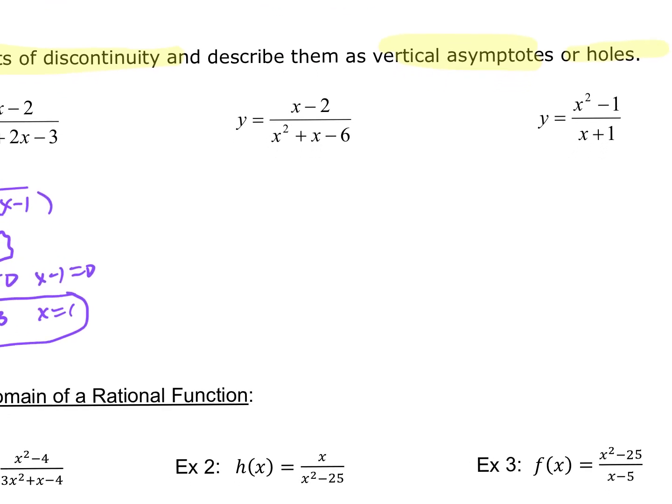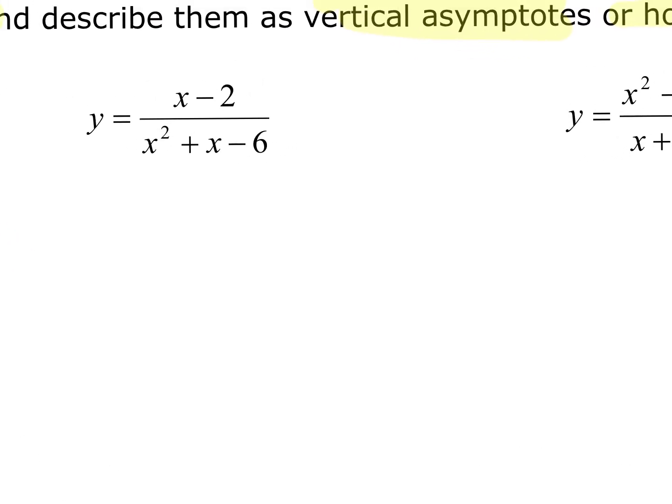Let's factor this next one. This one factors into x minus 2 in the numerator and x plus 3 times x minus 2 in our denominator. What we notice is that we have a common factor of x minus 2. So that's telling us that we have a hole at x equals 2.